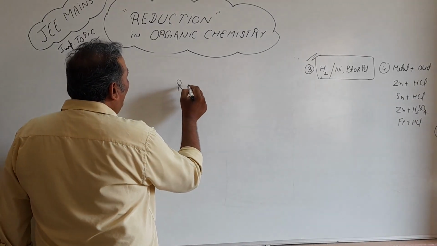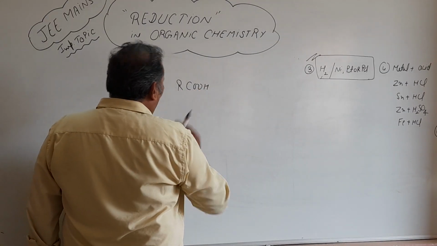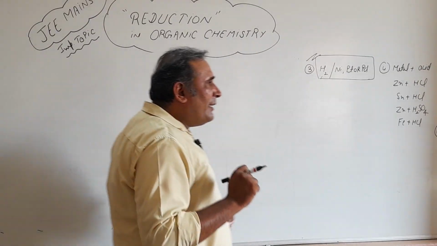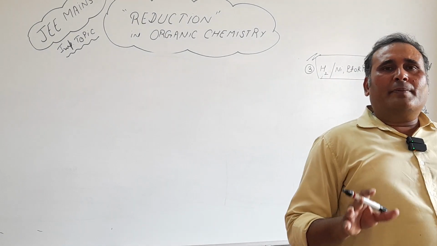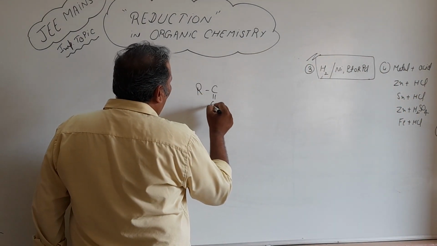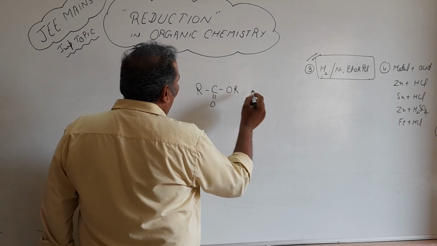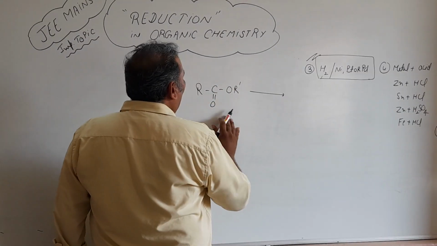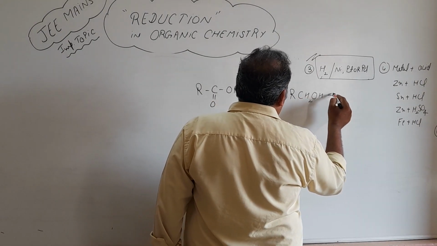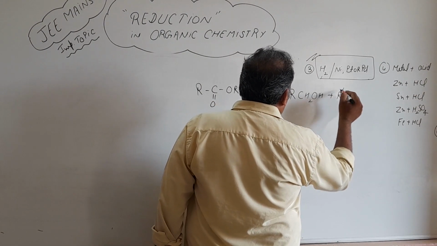For example, if we are using RCOOH, yes, no, carboxylic acid does not reduce. Yes, we have to remember that the COOH group is not reduced by H2 with Ni. Others like ester and anhydride: if we are using ester, then we will get RCH2OH plus R-OH.